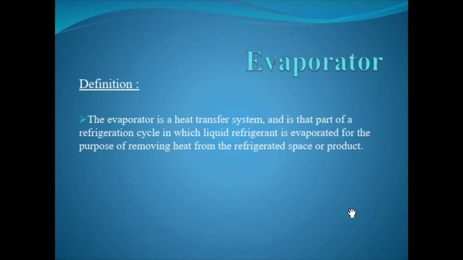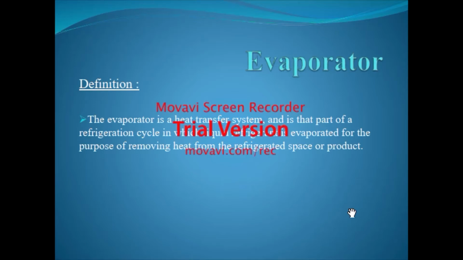Okay, guys. What is the evaporator itself? We can say the evaporator is a heat transfer system and is that part of the refrigeration cycle in which liquid refrigerant is evaporated for the purpose of removing heat from the refrigerated space or product.